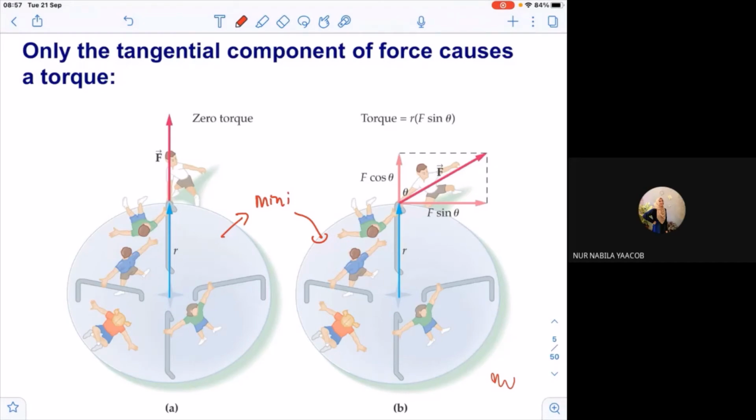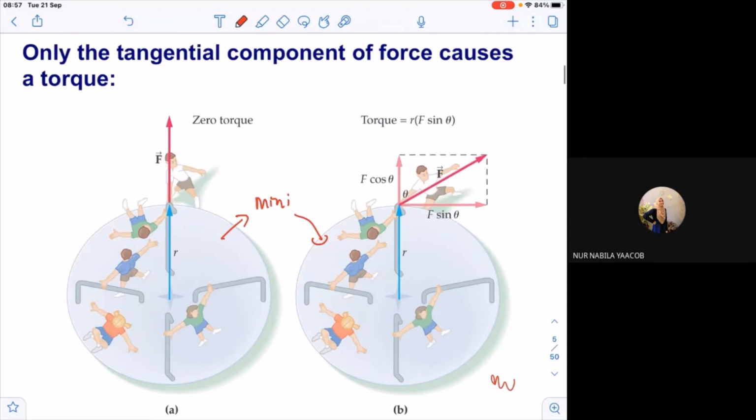Number one, he tried to pull. First, he tried to pull, where the force and the lever arm are parallel. The theta is 0 here.